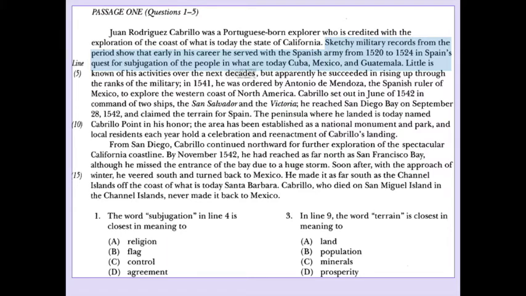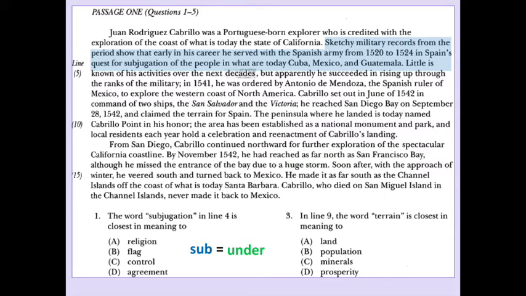Let's look at the word. Do you see any word parts? Here, the prefix sub means under. So let's think about that and how it was used in the sentence and look at the answers. A, religion. No, that does not fit.